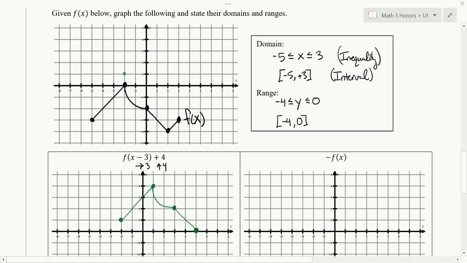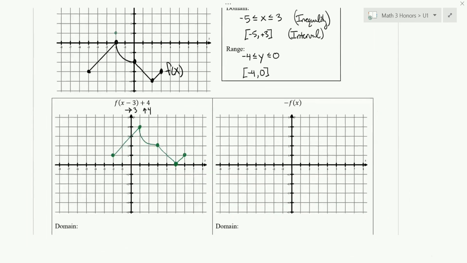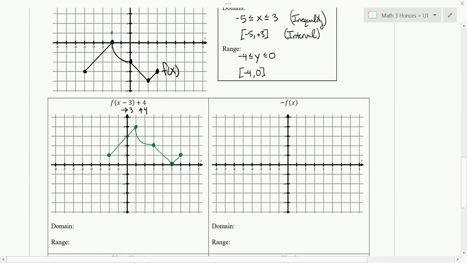Then to go from that fourth point to the fifth point, I go up 1, right 1. And I have my sketch of that translated function. That's what you're doing, just point by point and getting them to sketch. And then you're restating the domain and the range.